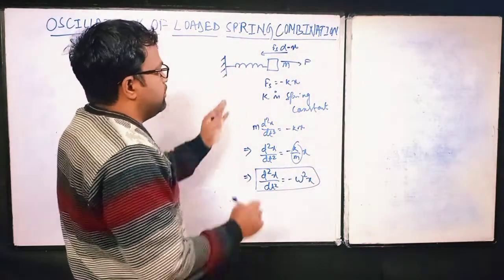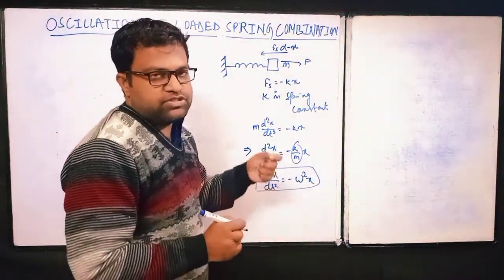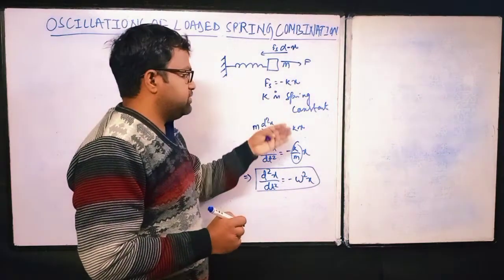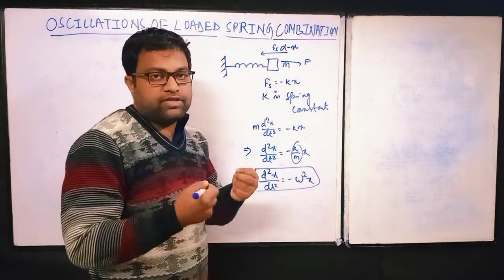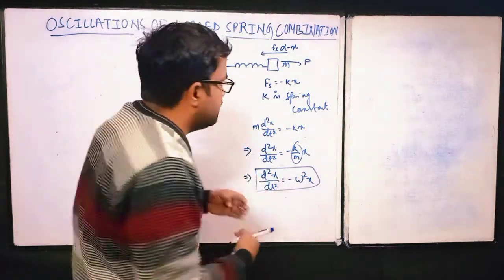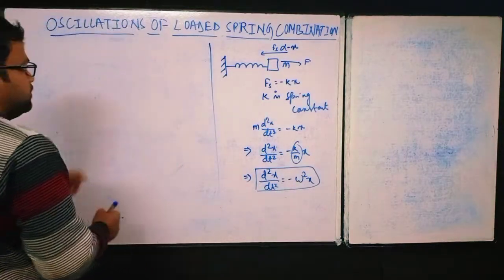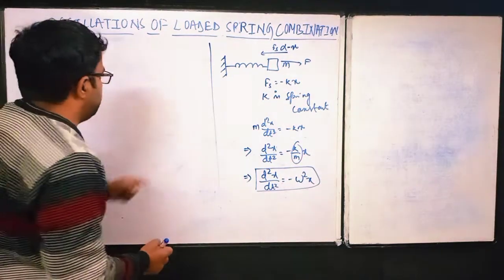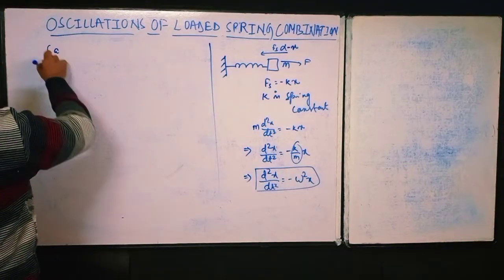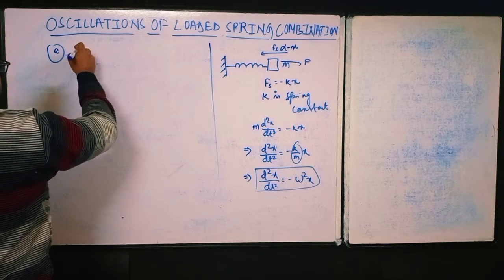If we connect more springs having different spring constants, and combine them in series or parallel and attach a mass to it, what will be the net spring constant? For that, the first case we'll discuss is the parallel case.